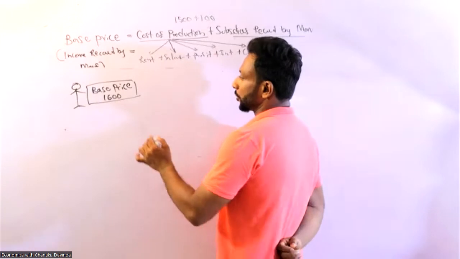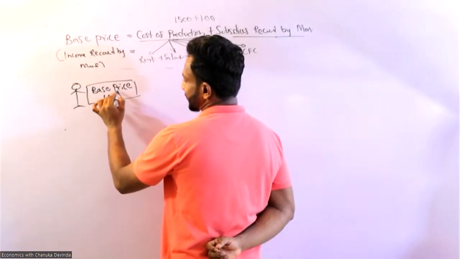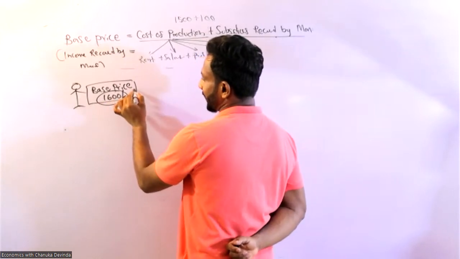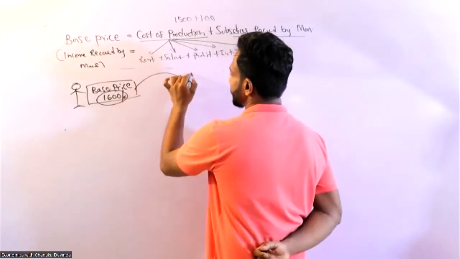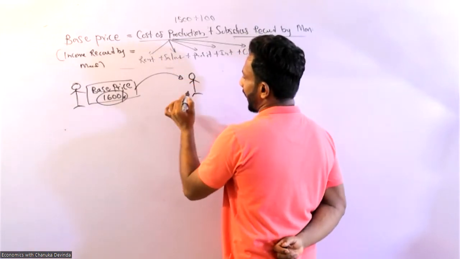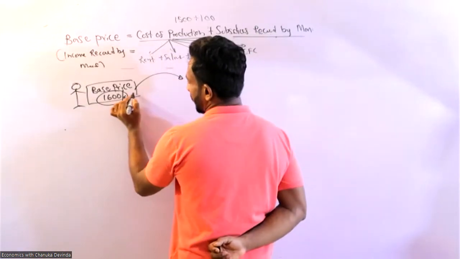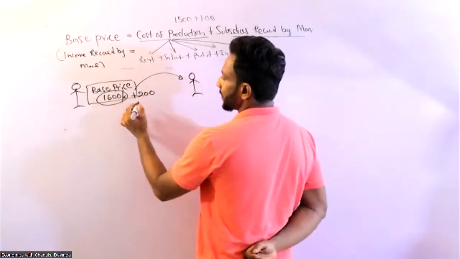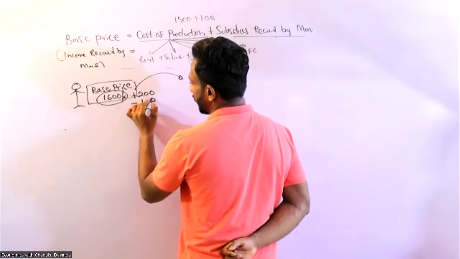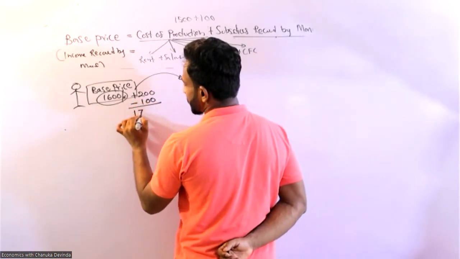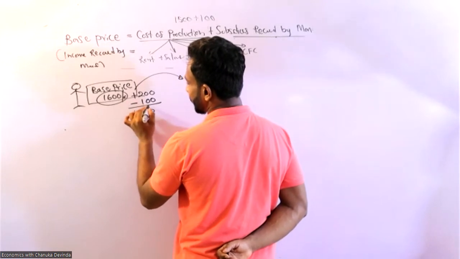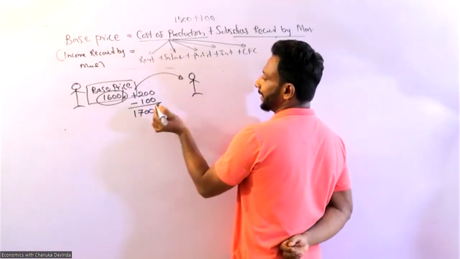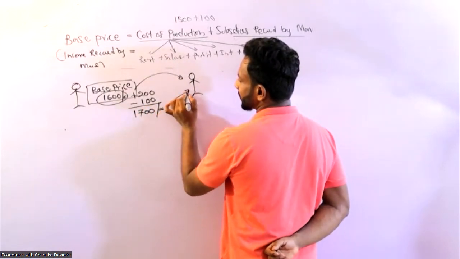So to receive 1,600 rupees by himself, he needs to sell his product to the next person at which price? If there is tax, it needs to be added to the price. If there are any subsidies received by himself, he needs to deduct them, and the price is 1,700. Then he can sell this product to his intermediary at 1,700.